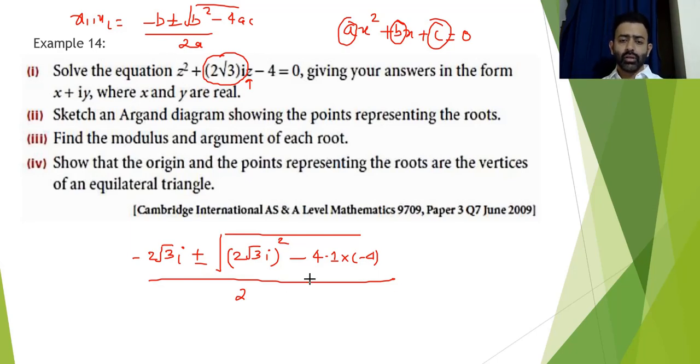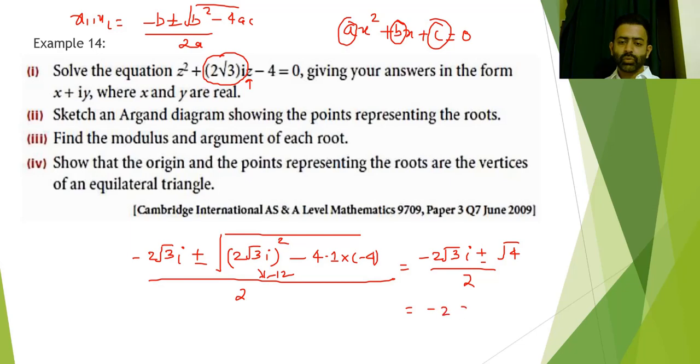Now simplifying this, we get minus 2 root 3 i plus minus the root of this: 2 square is 4, root 3 square is 3, so 4 into 3 is 12. Then we have to square this i, so i square is minus 1, so basically this value is minus 12. And this is plus 16 because this is minus 4, so this is plus 16. 16 minus 12 is root 4, divided by 2.